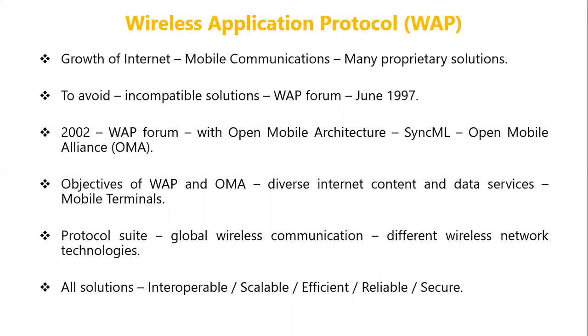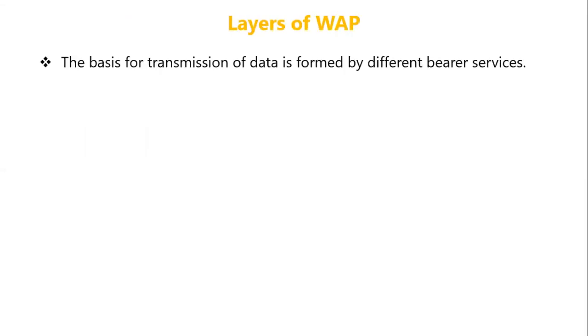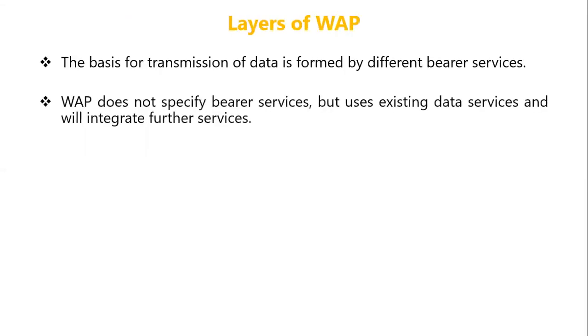That is, it preserves the integrity of user data and protects devices and services from security problems. So this is the job of the wireless application protocol. Basically, it is to ensure compatibility between different hardware and software. Fine. So now next let us discuss the layers of WAP or the WAP architecture.